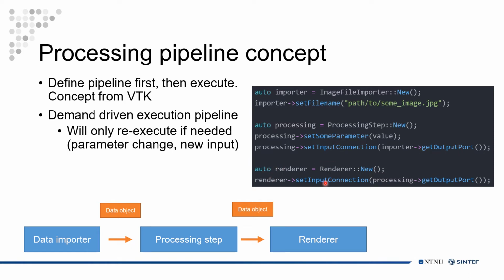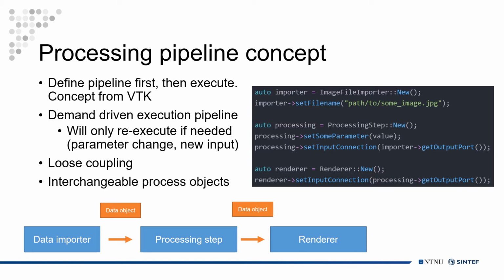And finally, we add a rendering step at the end, which visualizes the data. And here you can see the pipeline where data objects are sent between each processing step. This means a quite loose coupling between the processing objects, which means we can easily interchange these processing objects.